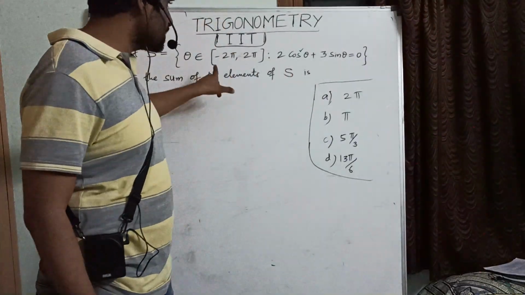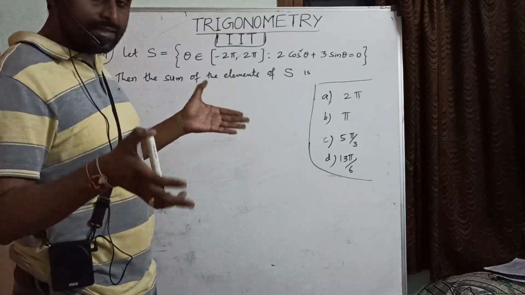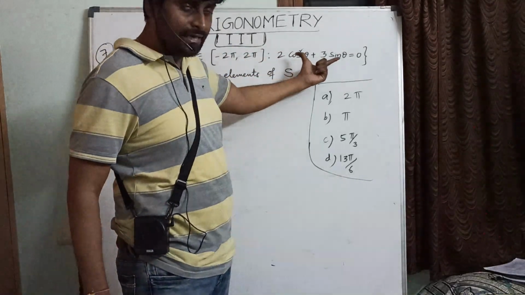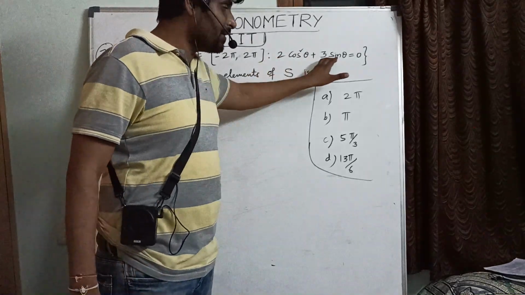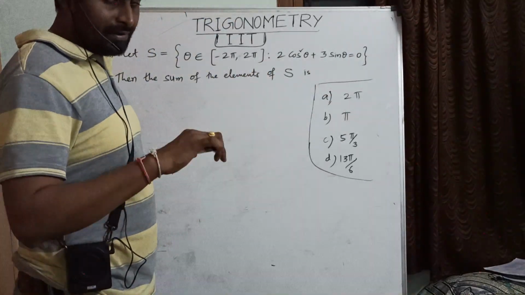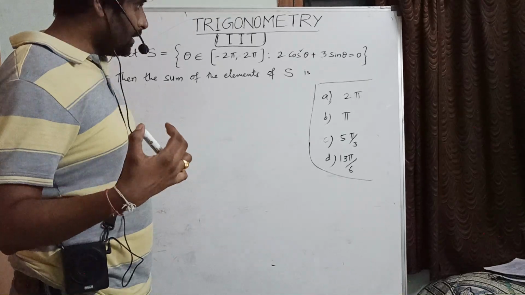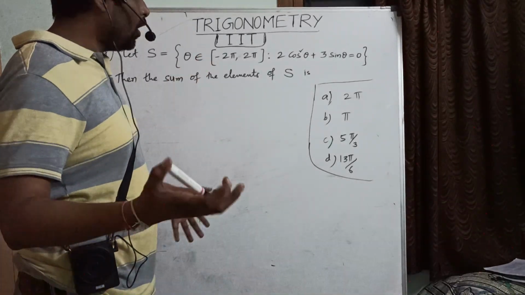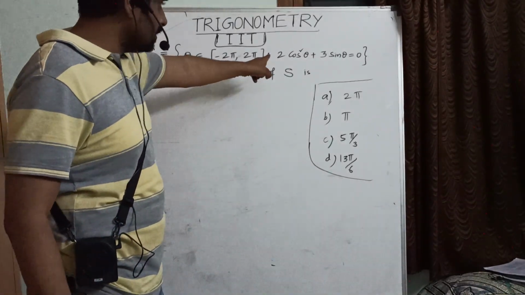See, what was the S given? One set. In that set, one equation is given. Okay, we can go for solving this equation. Like how we did in trigonometric equations, we can solve this equation.